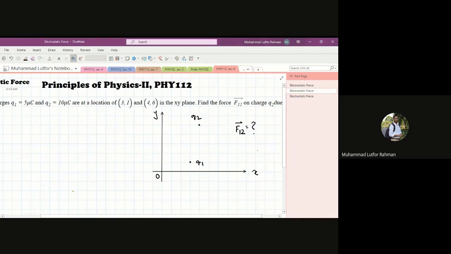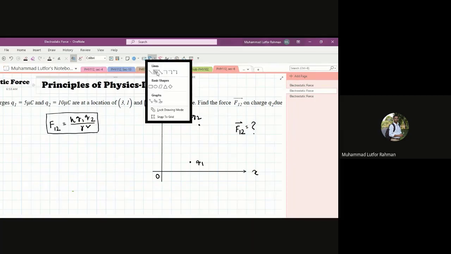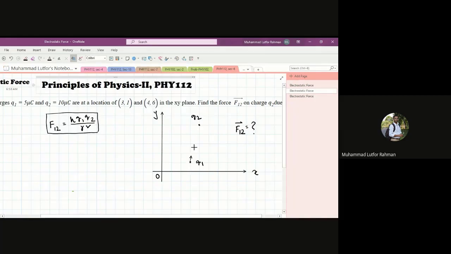I can find the magnitude of these two forces: we can write K Q1 Q2 divided by R squared, right? Now what is R? R is the distance between these two charged particles.